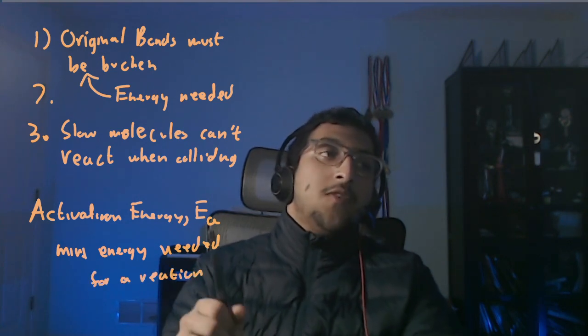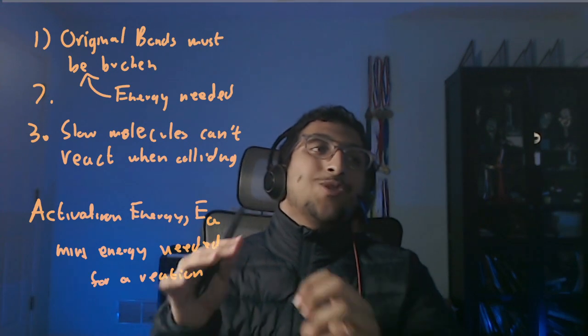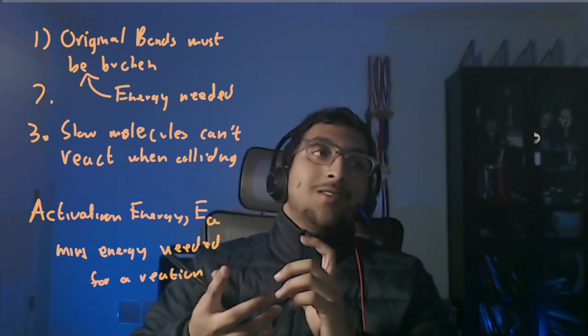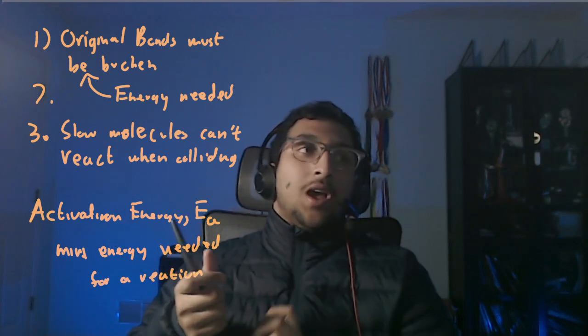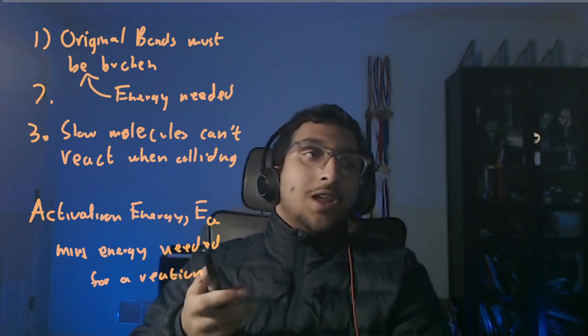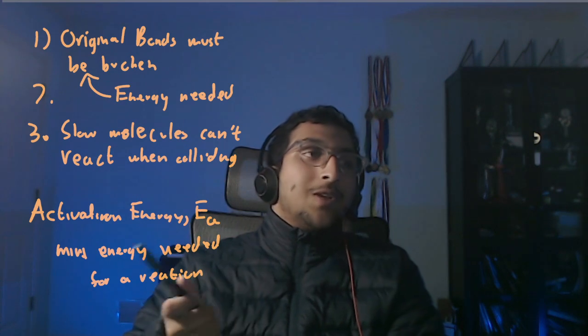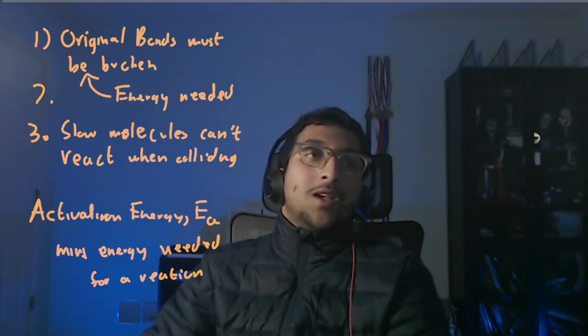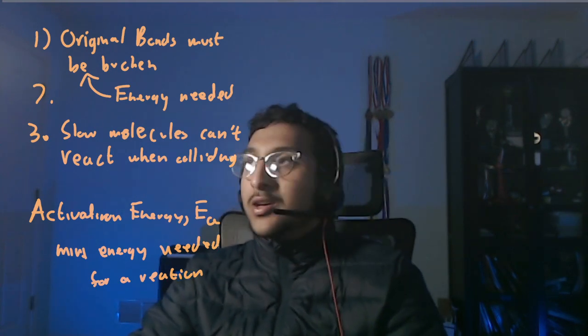And EA is specific to one reaction itself. You can't use the value of, I don't know, the formation of water vapor for the formation of carbon dioxide. And if you were in AP Bio or are currently taking it, you kind of skimmed through this a bit during the last chapter when you were learning about enzymes.